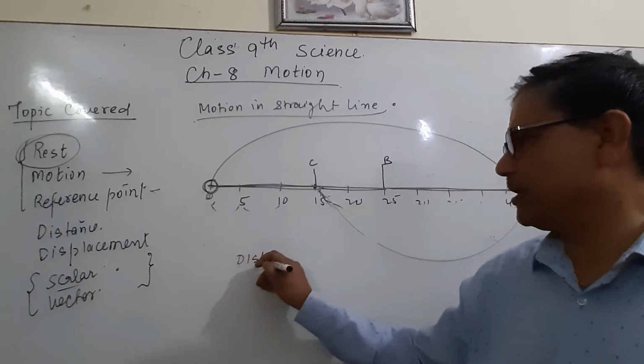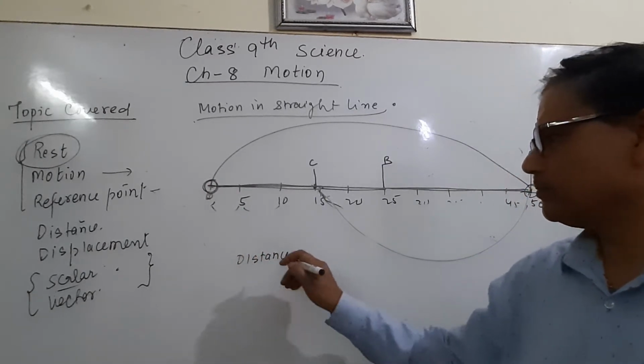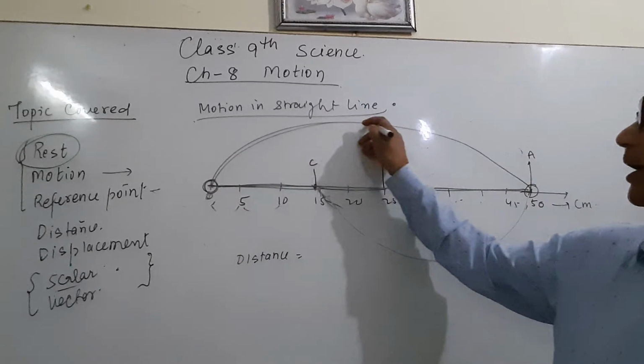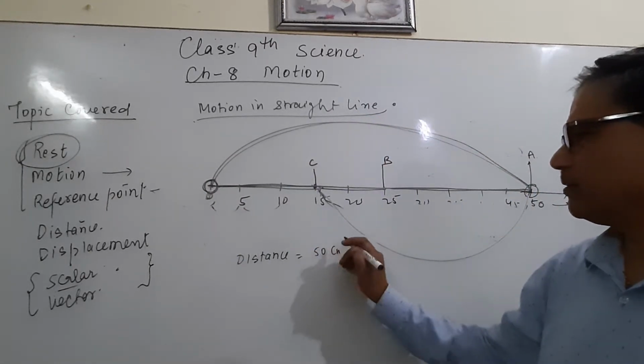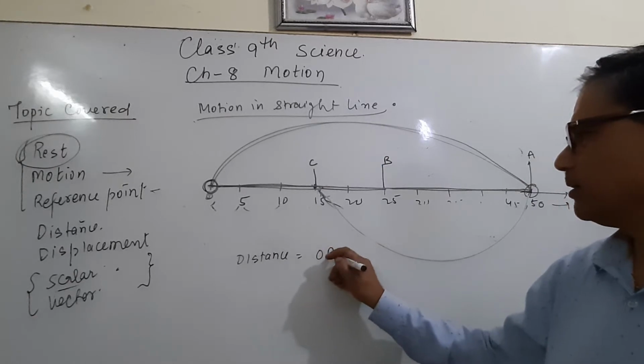What is distance? The actual path from O to A. So how much distance did he cover? 50 centimeter. Distance is OA.